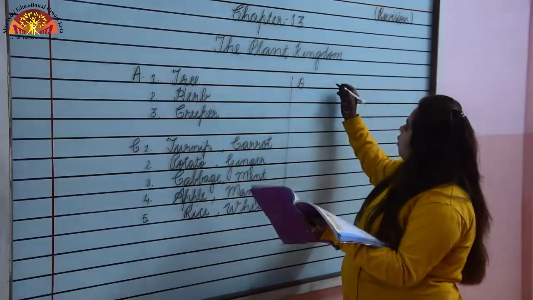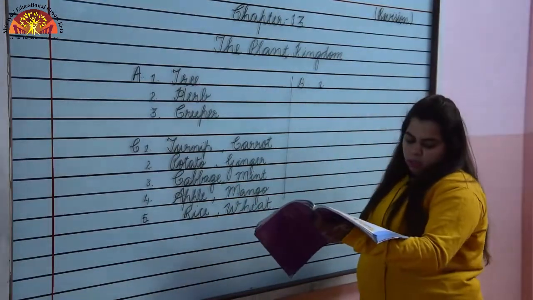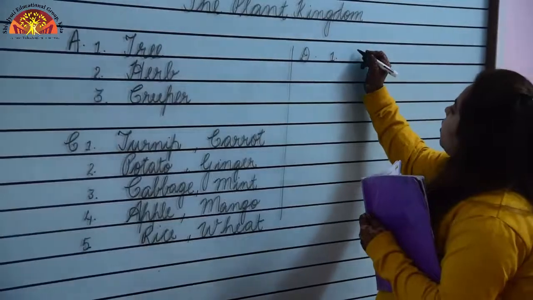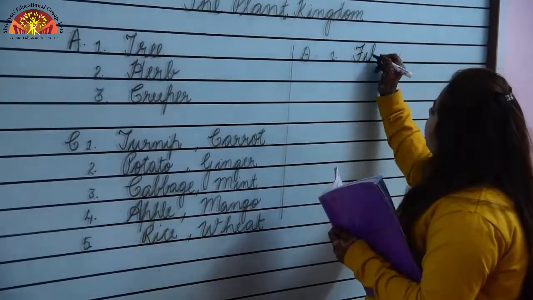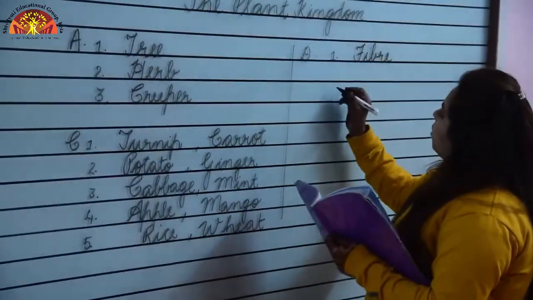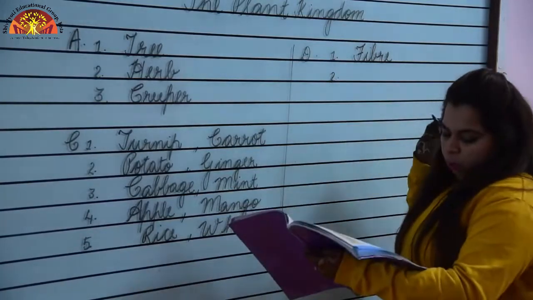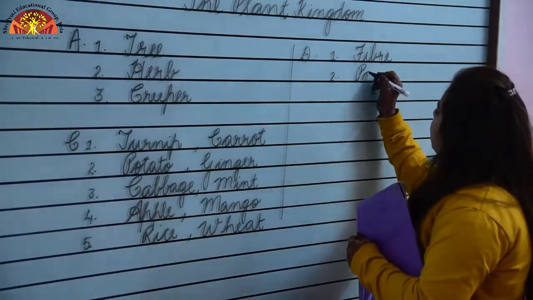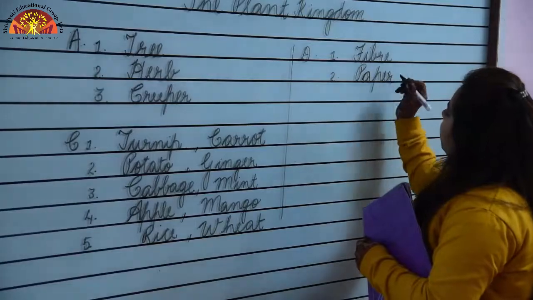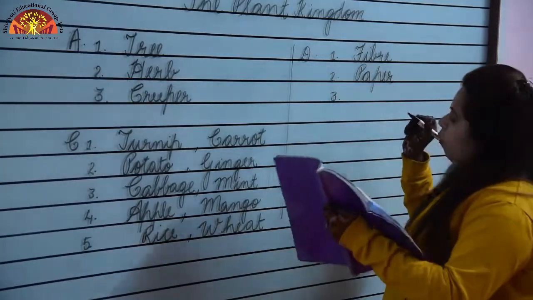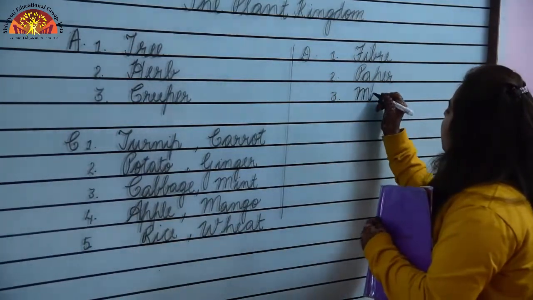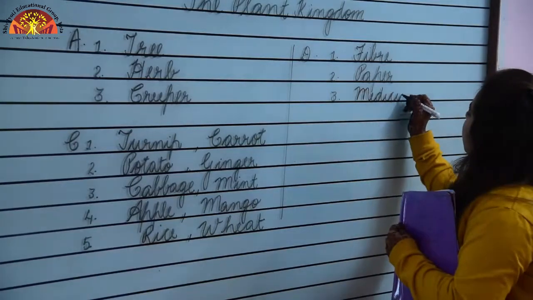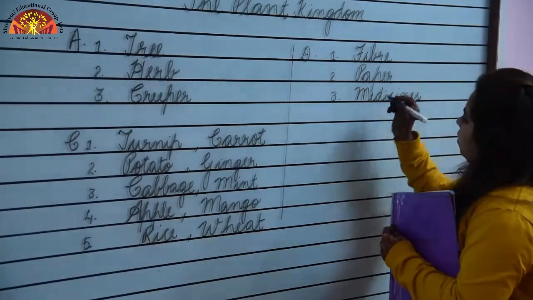Okay, first, what do the following plants give us? From jute, what we get? Fiber, F-I-B-R-E, fiber. Number 2, from bamboo, we get paper, P-A-P-E-R. From tulsi, we make medicines, M-E-D-I-C-I-N-E-S.